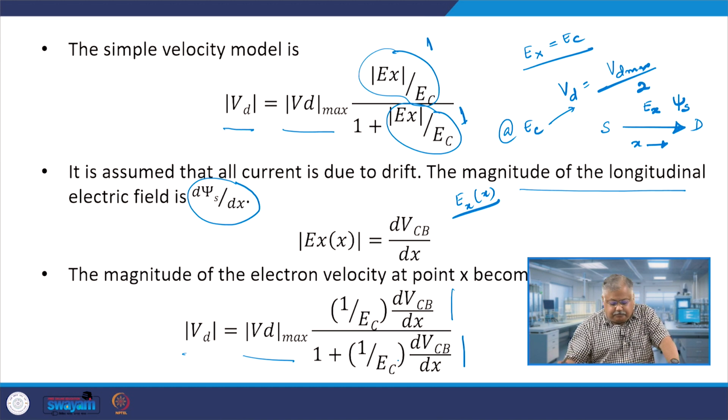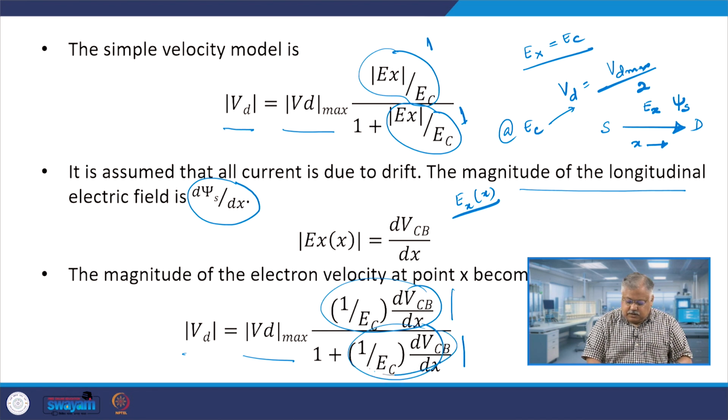As you can appreciate, when Ec becomes very large, 1 by Ec becomes very small, so I can neglect this with respect to 1, and what I get is Vd equals Vds max. This is the case when your Ec is very large.